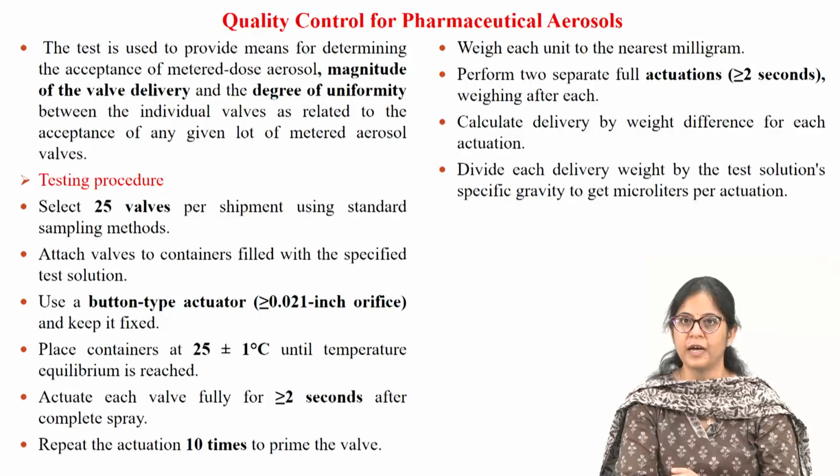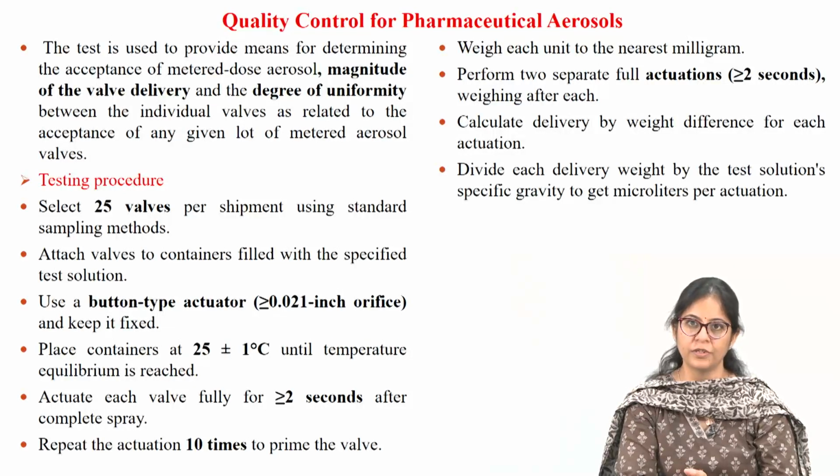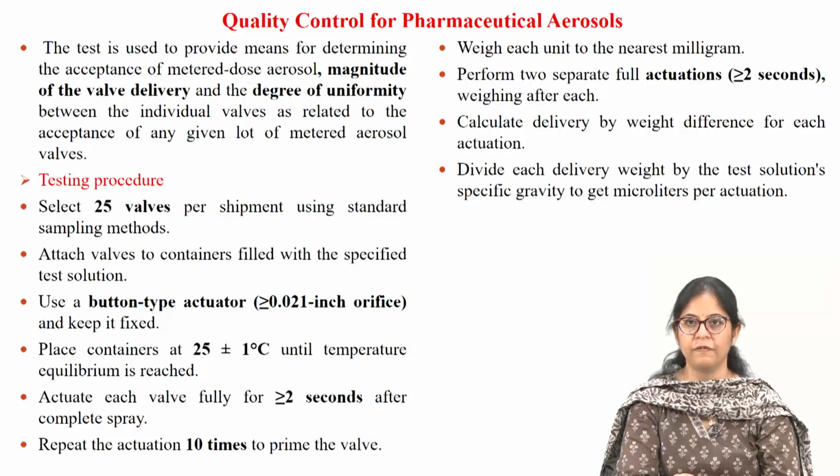The valves are attached to containers filled with specified test solution. A button type actuator with the orifice greater than or equal to 0.021 inch is used and fixed. The containers are placed at 25° until temperature equilibrium is reached.